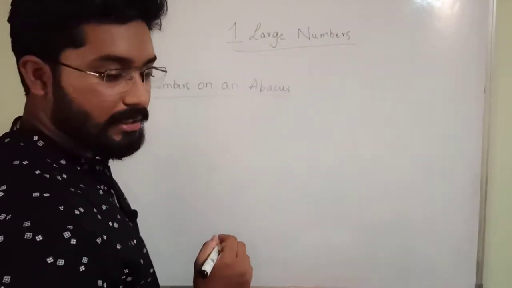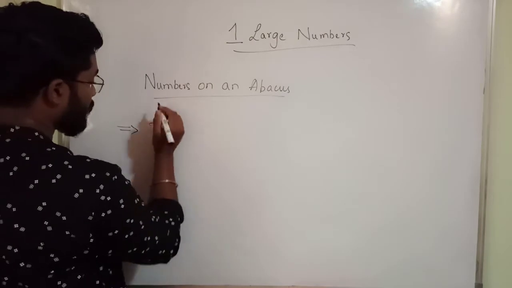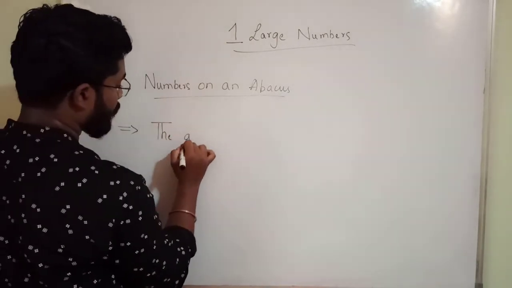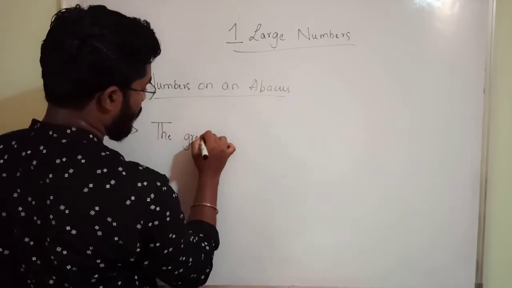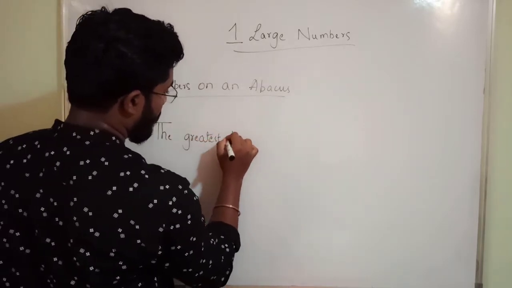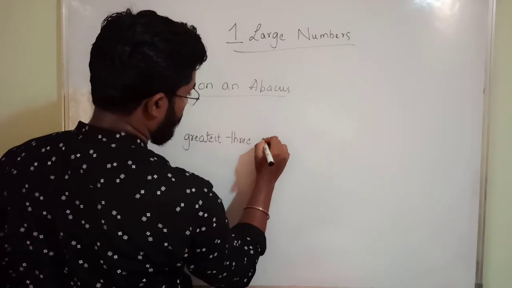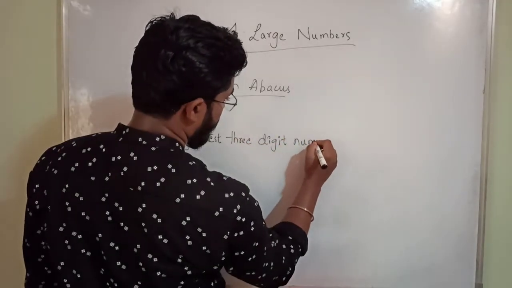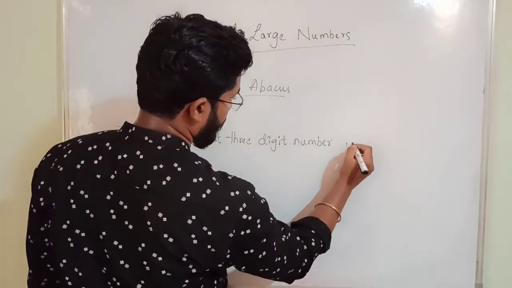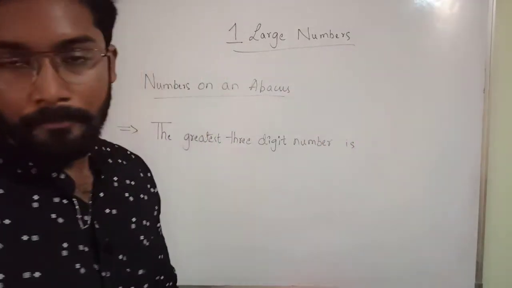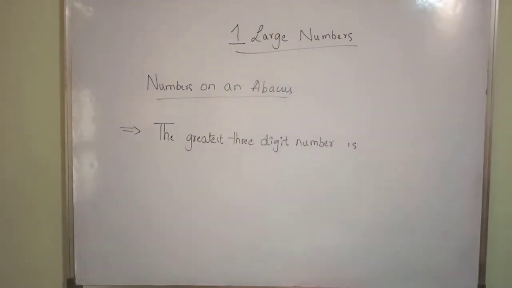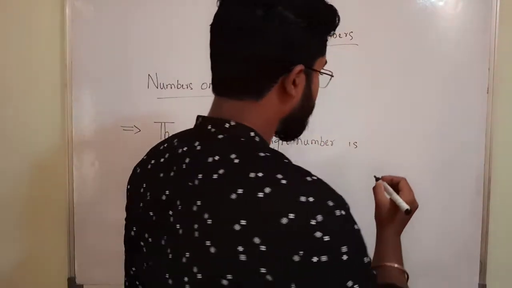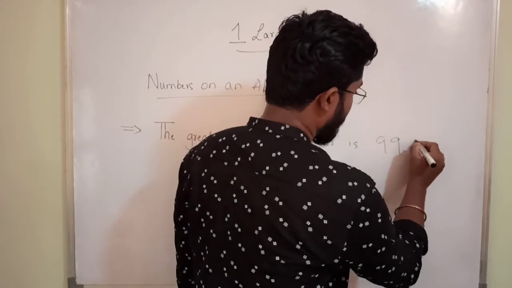The greatest 3-digit number is how much? 999.